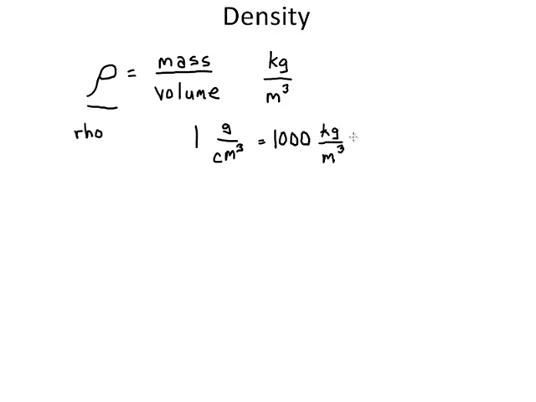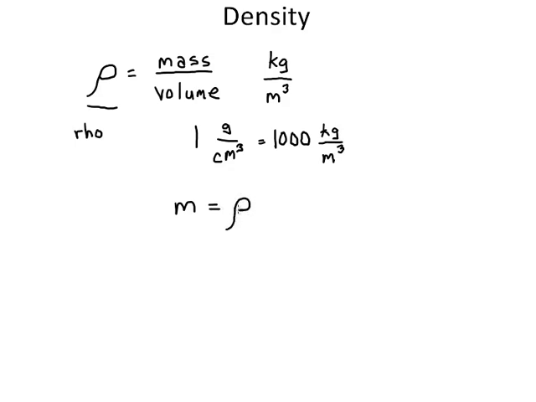What makes density important to us is that we're going to be dealing with fluid. And in fluids, we like to think of measuring amounts of fluids, not necessarily by mass, but by volume. And so this gives us a kind of a handy way to talk about the mass of a volume of a fluid.